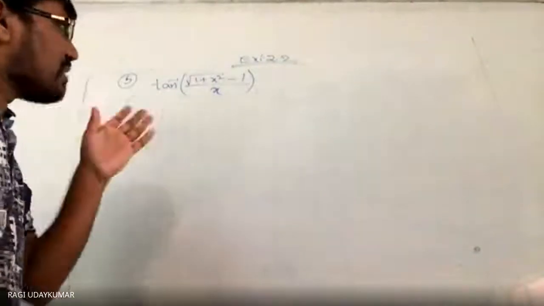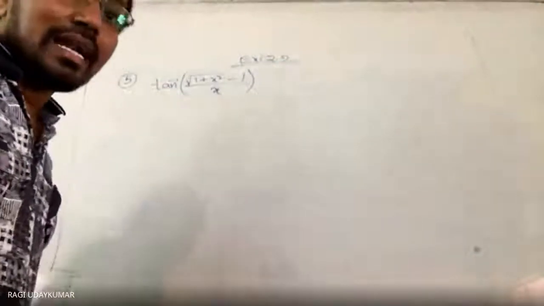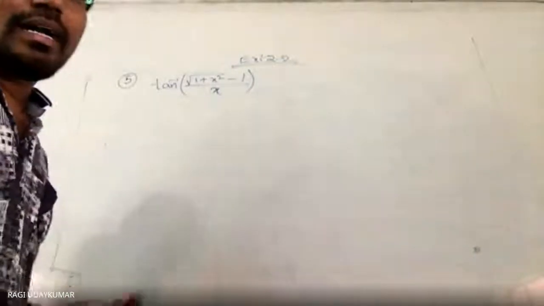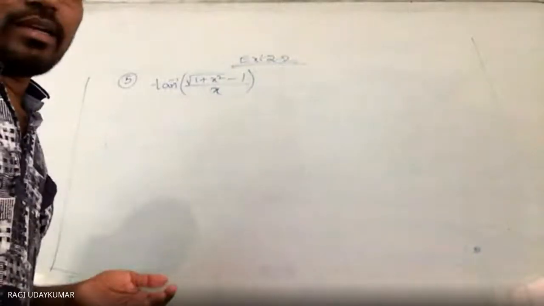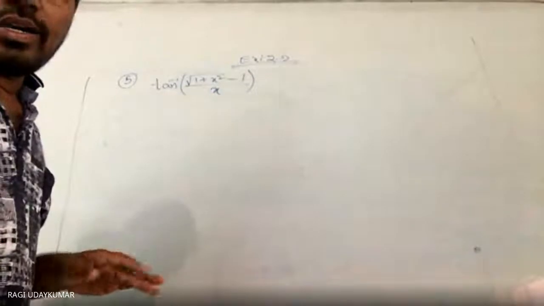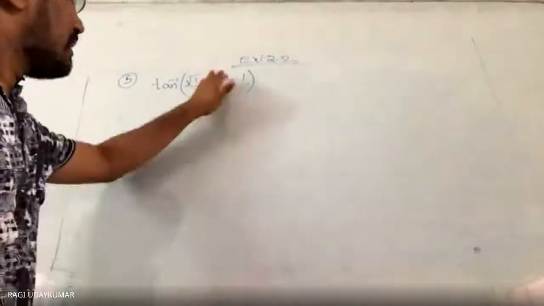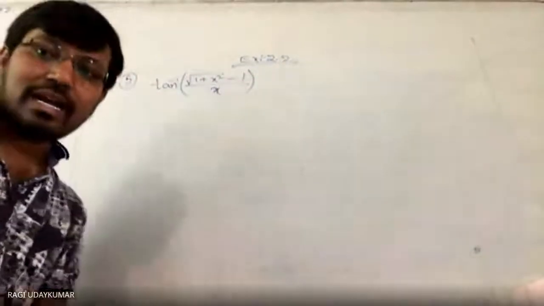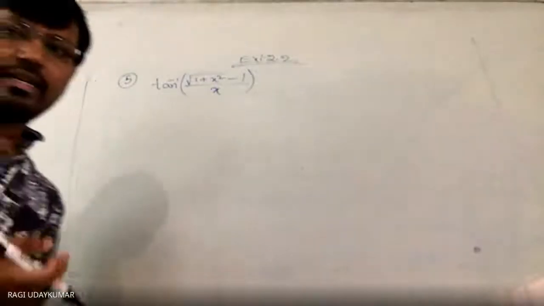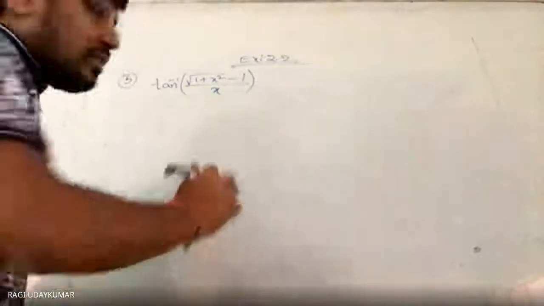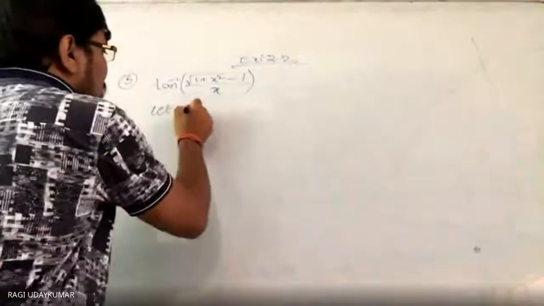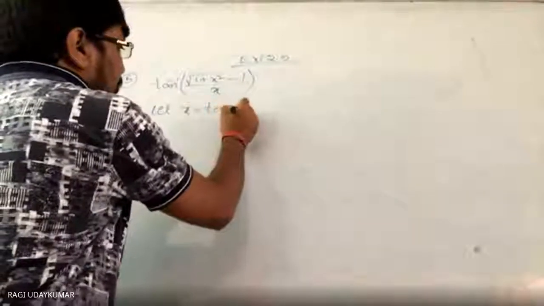Usually, try to substitute tan here. If you substitute cot, a little bit of confusion will arise. So let x equals tan theta.